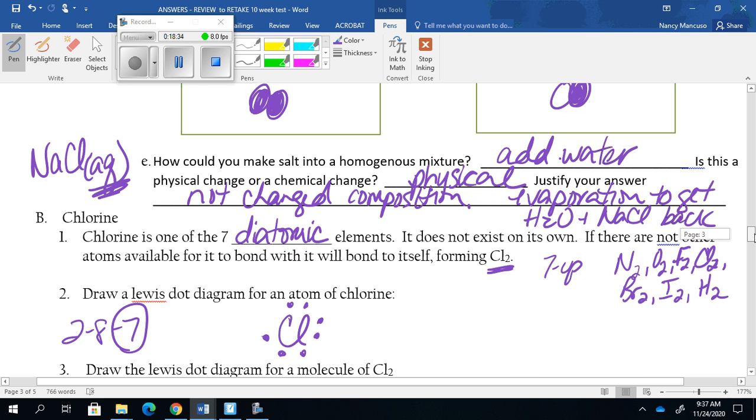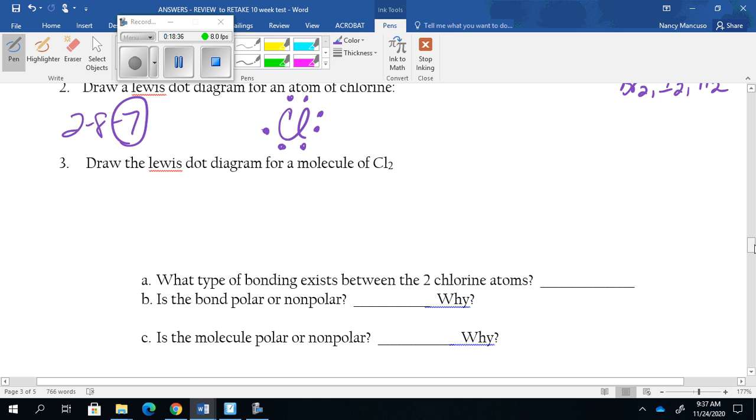And now it says, draw the Lewis dot diagram for a molecule of chlorine. So if you would like to loop the lonelies, you can go over here, do your chlorine with your 7 dots, do another chlorine with its 7 dots, and then loop the lonelies. That shows you 1 bond between them.